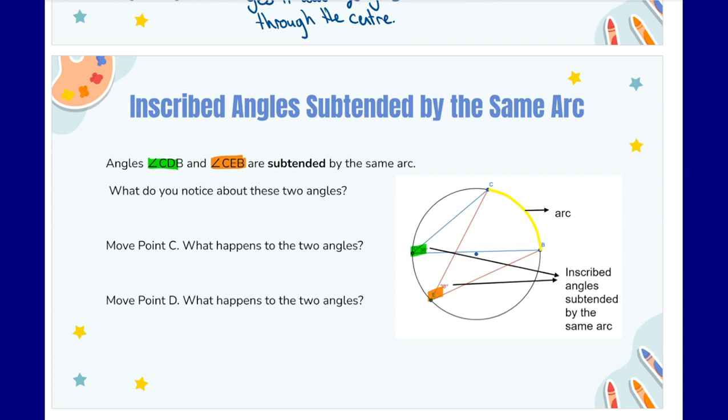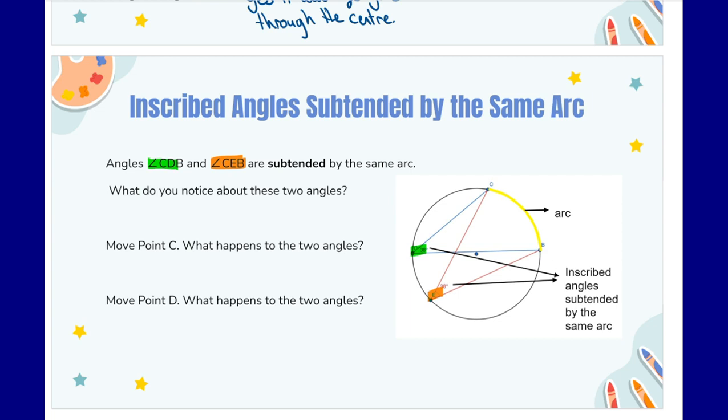So what that means is if I look at angle CDB, or angle D just to make it a little bit easier, the two chords that make up that angle are connected by an arc, which we can see highlighted in yellow. And angle E, the two chords that make up that angle are also connected by that same arc that angle D was subtended by.